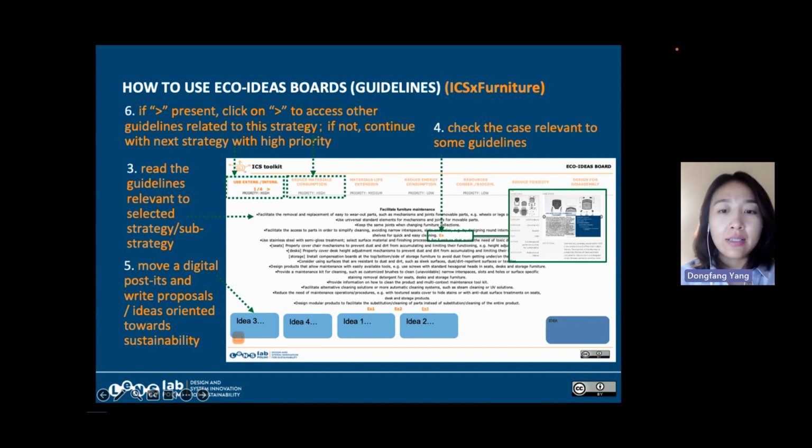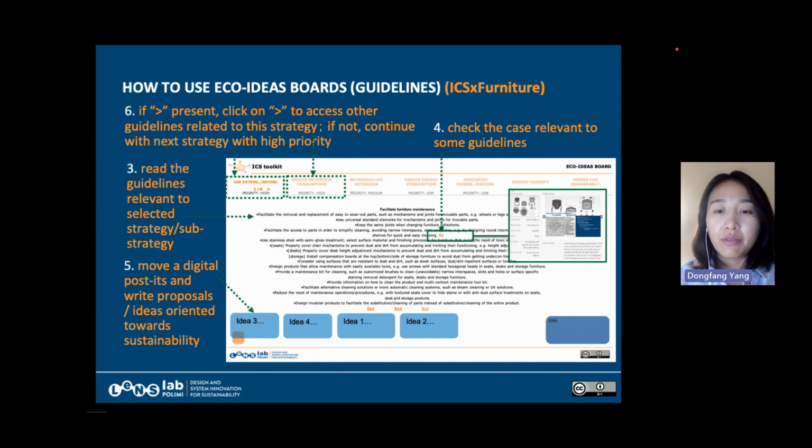Some strategies have more than one board, so you can click on the arrow to see the next board for the same strategy. If there is only one board for a strategy, you can move to the next strategy with high priority until you cover all the strategies. Sometimes, if a strategy has very low relevance or is not your focus, you can skip it.